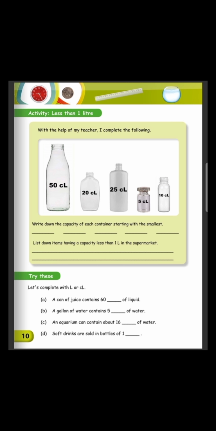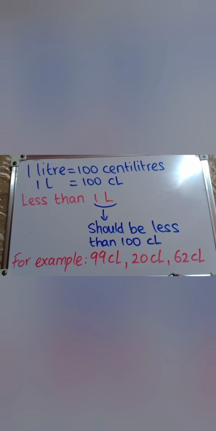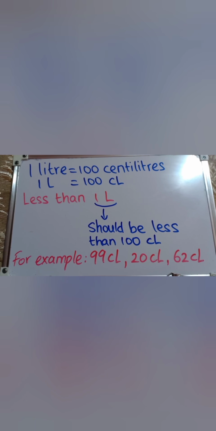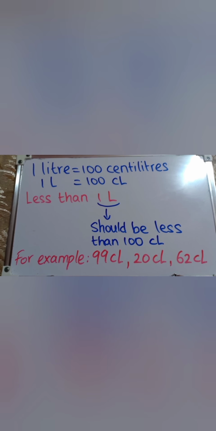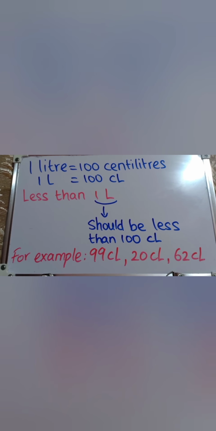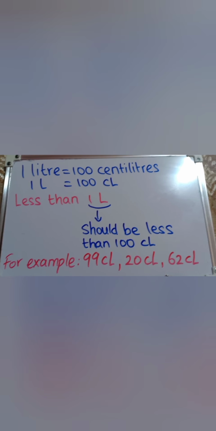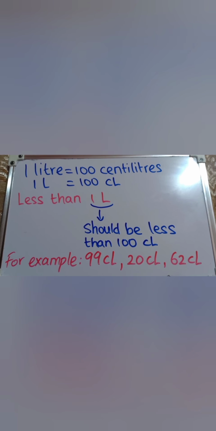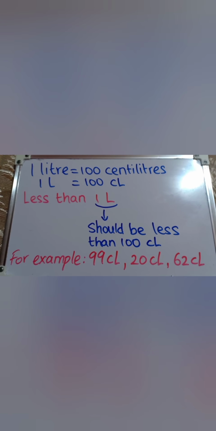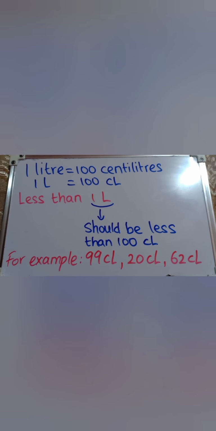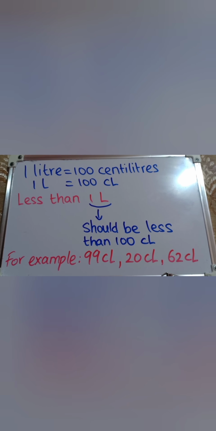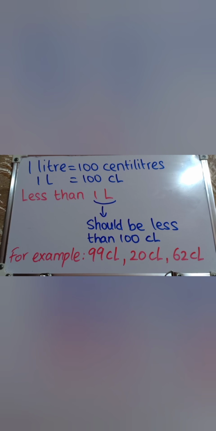Who can tell me? 1 liter is equal to 100 centiliters, or it can be written as 1 capital letter L, that is 1 liter, is equal to 100 C and capital letter L. C and capital letter L is centiliters.